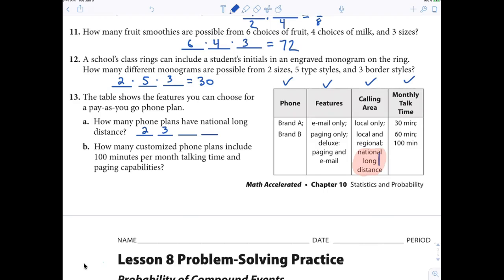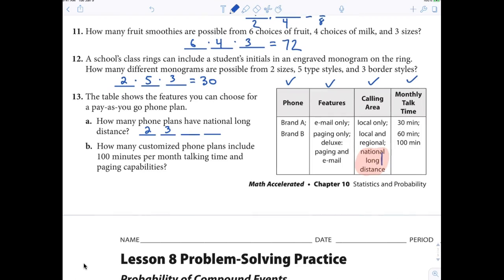Why is it 1? Because there's only 1 national. That's right. There's only one national long distance. And then how many talk time? 3. So altogether you have how many options? You have 18 options. Everybody okay with that? All right, let's see how good you are with B now.